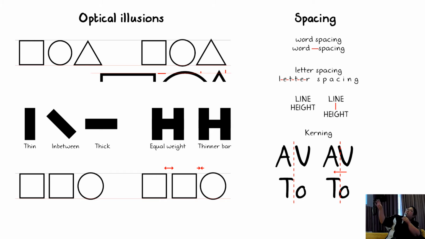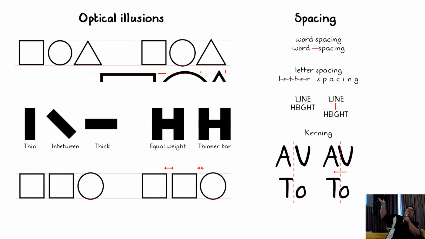And this idea of adjusting to the optical illusion also applies when you're doing letter spacing. So, for example, if you have two long letters together, you'll actually pull them apart because they'll look too close together. Or if you have a long and a curve together, you'll actually move it closer together.